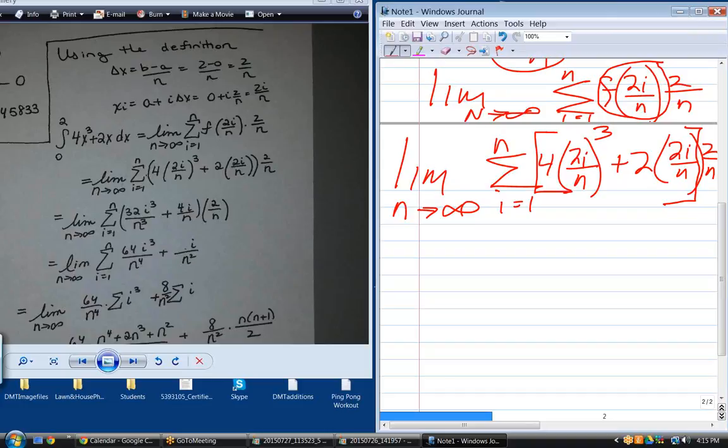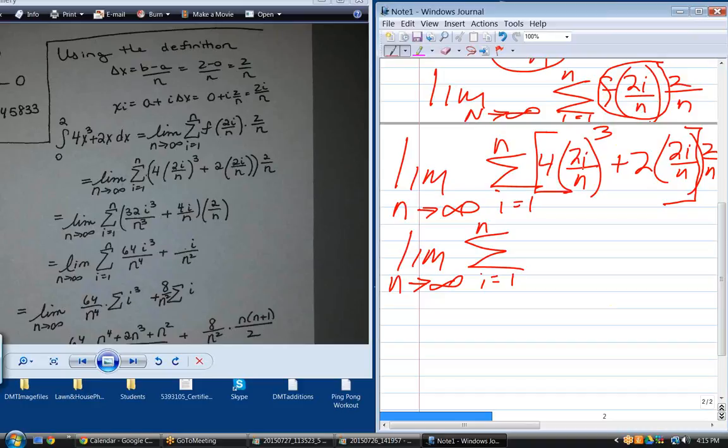And then I'm going to multiply that by 2 over n. Okay, so now we do the algebra. In other words, we simplify this as much as we can. We haven't lost the sigma yet. We're not going to lose the sigma until we go to our summation formulas. Then we'll be able to convert and get rid of the sigma and come up with numbers.